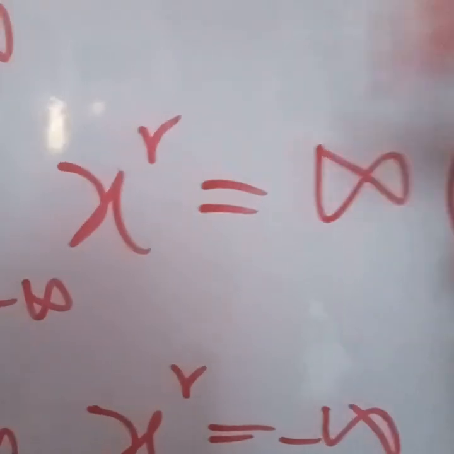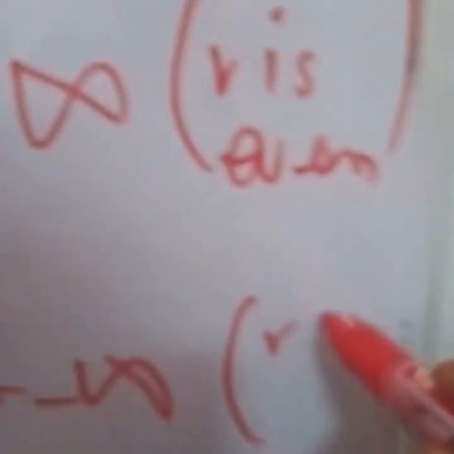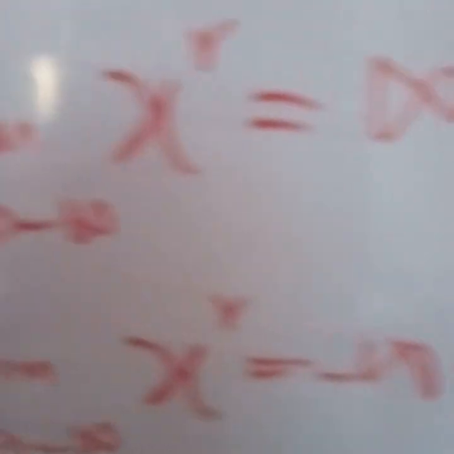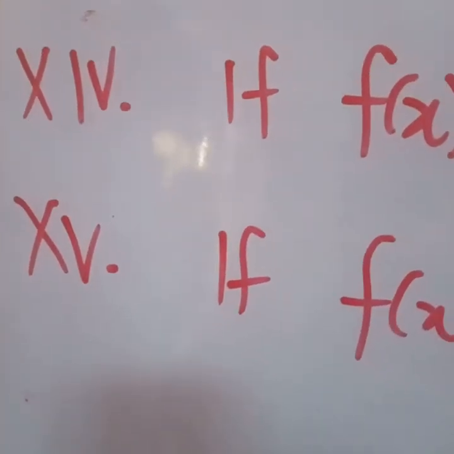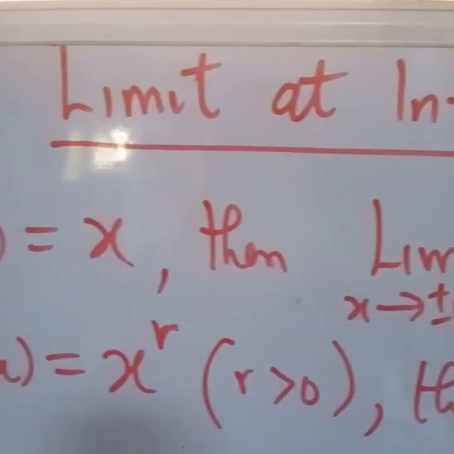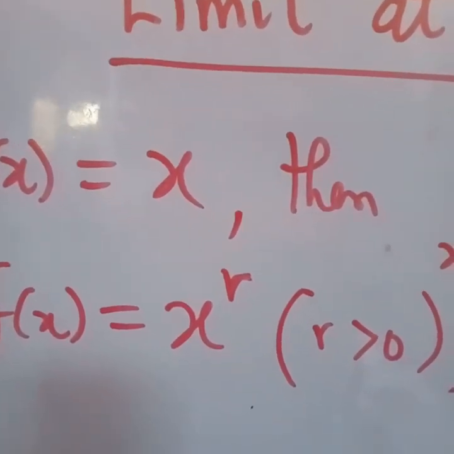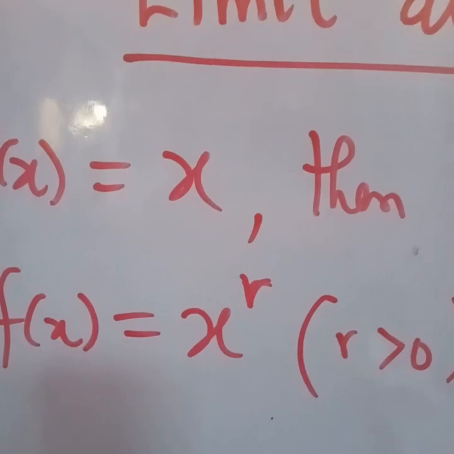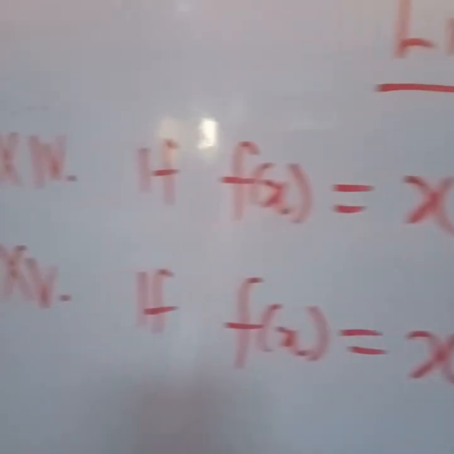In all these cases, the limit does not exist. So the limits we have discussed from property 11 to property 15 are for limit at infinity, in addition to the earlier ones we discussed on limit at a finite value of x. So the limit properties for limit at infinity now make it 15.